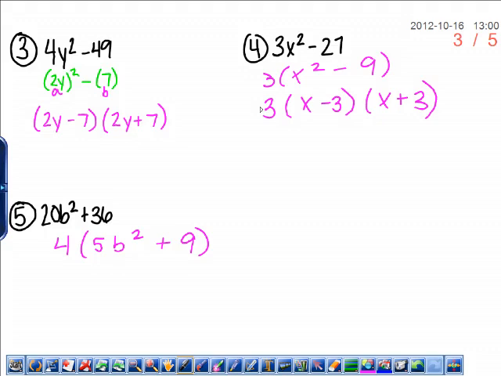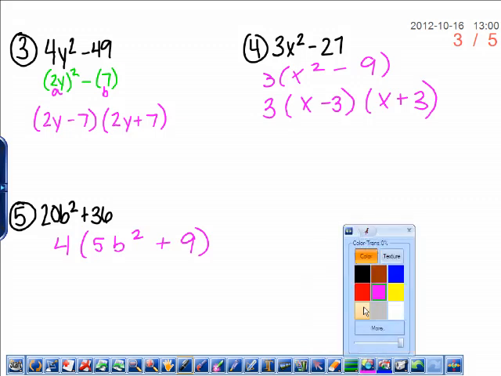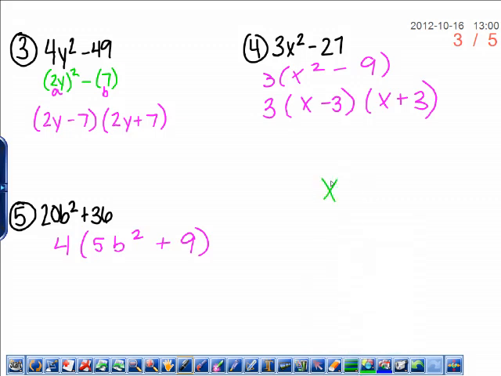Yeah, it's a sum of squares. Okay? We only know a rule for a difference of squares. So you might want to make yourself a note. A squared plus b squared is completely factored. We don't know a rule for sum of squares. Nope, there is no way to factor that.